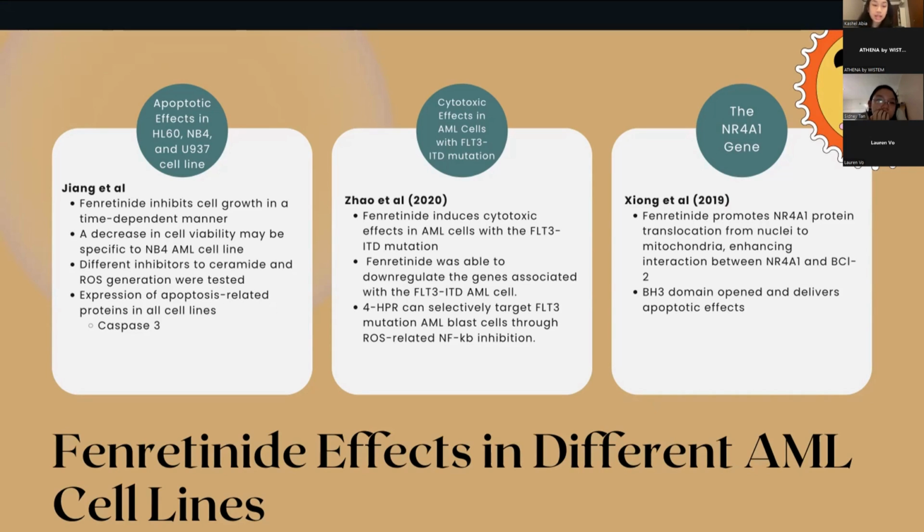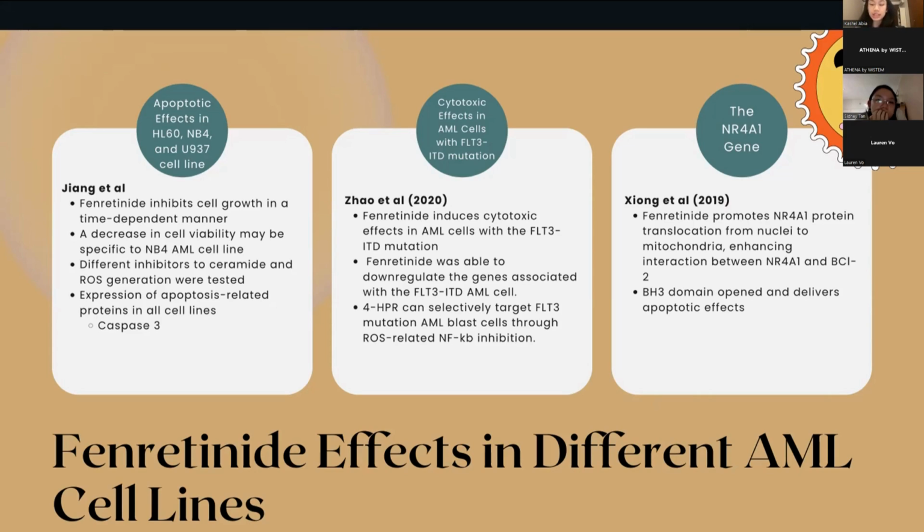Next is its cytotoxic effects on the FLT3 ITD mutation. If you remember earlier, I said the FLT3 ITD mutation was a gene that is needed in hematopoiesis. Fenretinide actually downregulates genes associated with the FLT3 ITD AML cell.